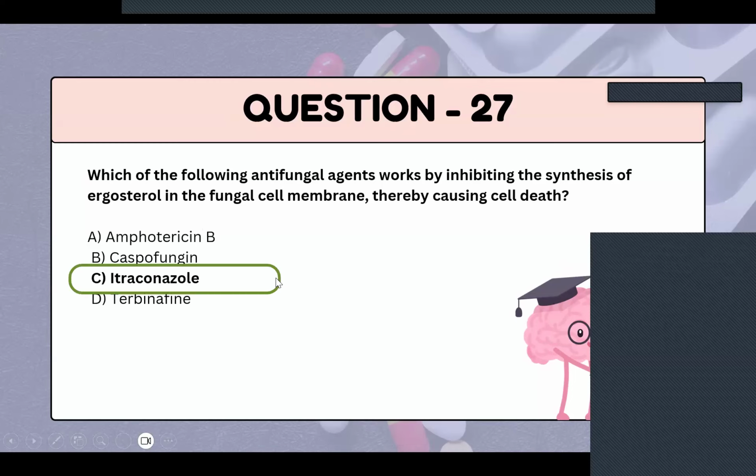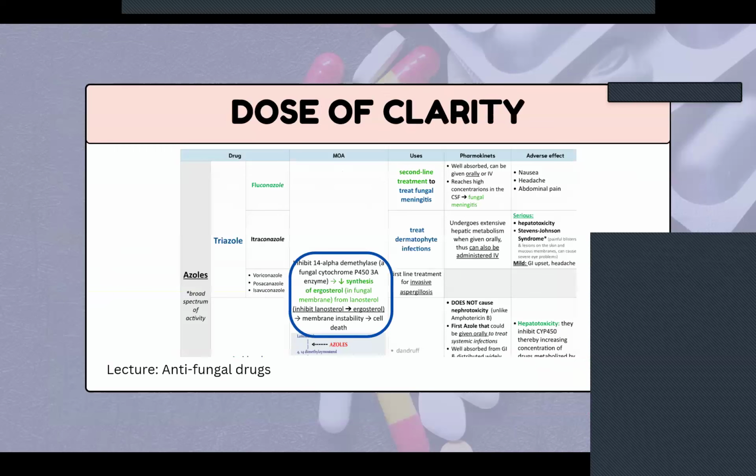It is itraconazole. Basically, triazoles are the antifungal drugs whose mechanism of action is inhibiting the synthesis of ergosterol in fungal cell membrane. So they disrupt the synthesis in fungal membranes and that leads to cell death. Whereas amphotericin B, because someone answered A, cannot be the right answer because it disrupts the cell membranes directly.